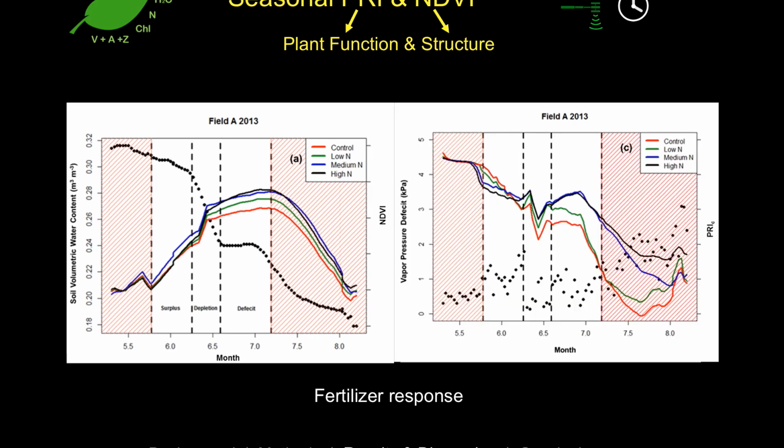But then interestingly, in PRI, we see an even greater response in the difference of the fertilizer regime. So again, we see more stress occurring in our low fertilizer plots in the green and red, and less stress in the black and blue. And then we have vapor pressure deficit represented by the black dots on the bottom.